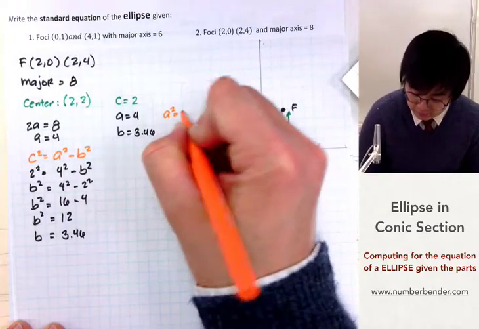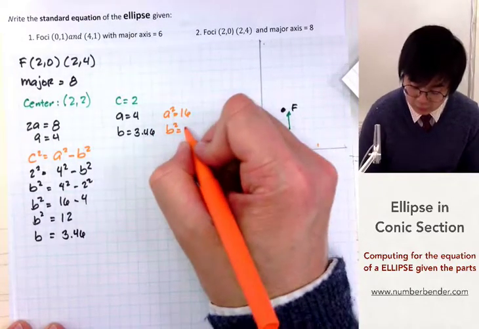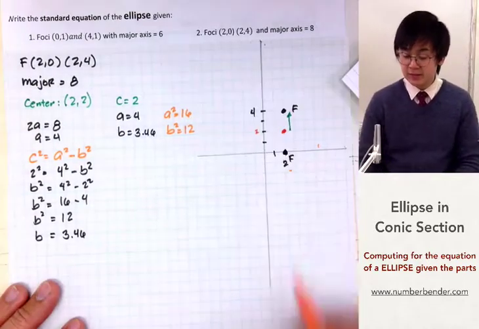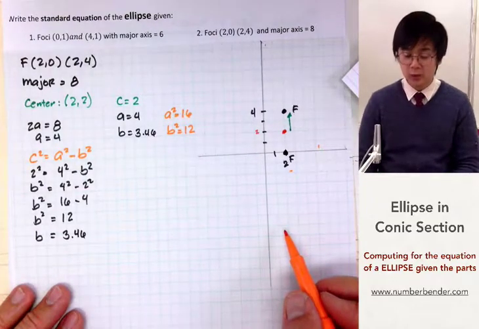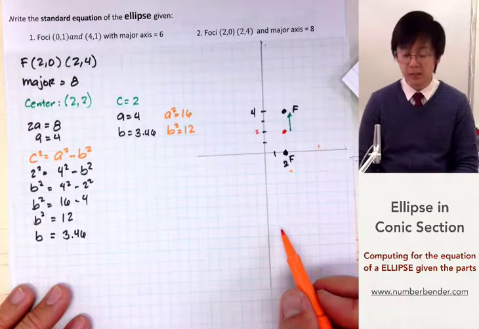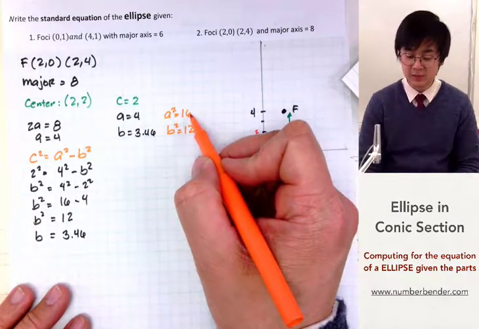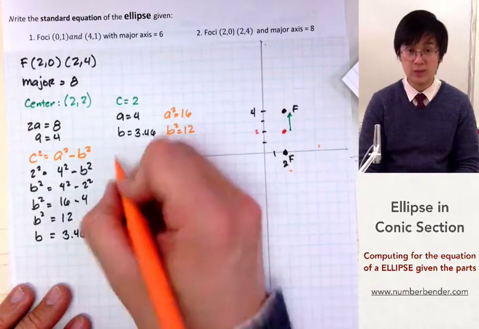Our a squared is equal to 16, and our b squared is equal to 12. Now, since this ellipse is a tall ellipse, we're going to switch our denominator. The denominator, which is 16, will go with y, and 12 will go with x.